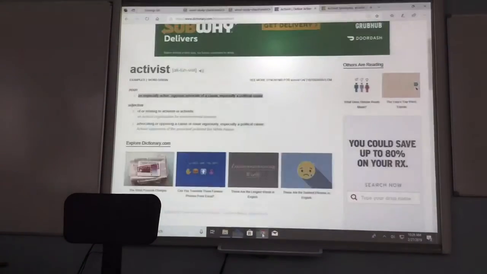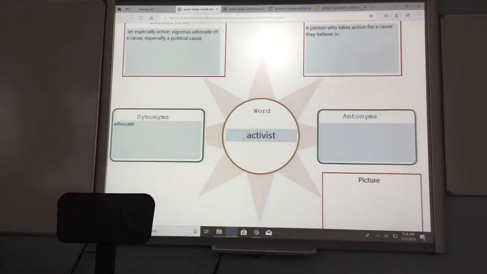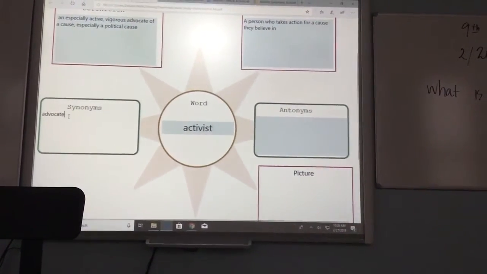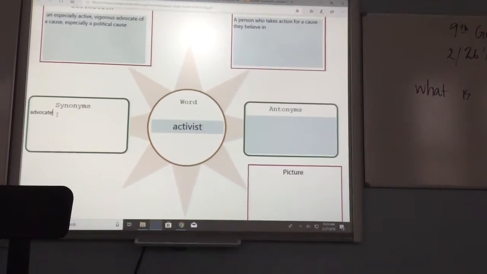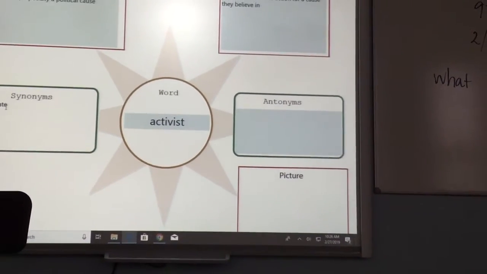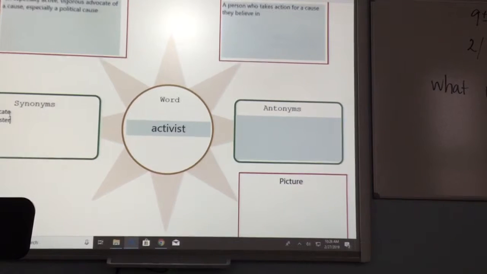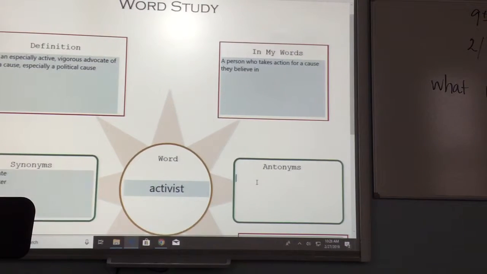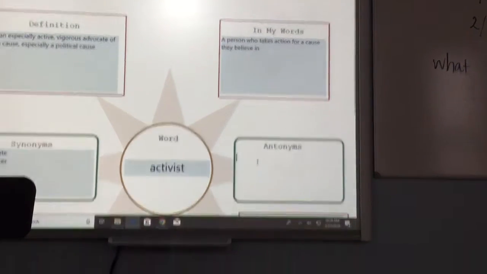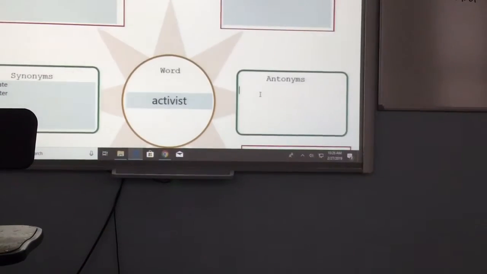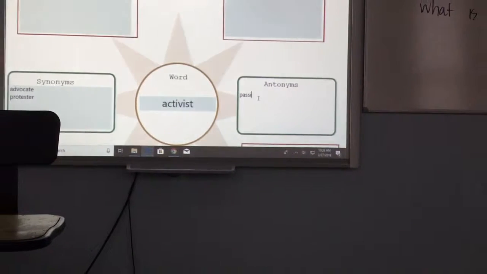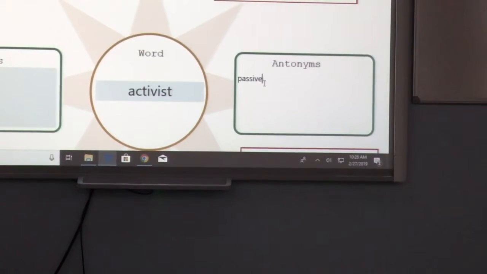One of the things that I know is that the opposite of being active is being passive or letting things pass by. And so, because I know that, I'm going to type this in here for you guys.